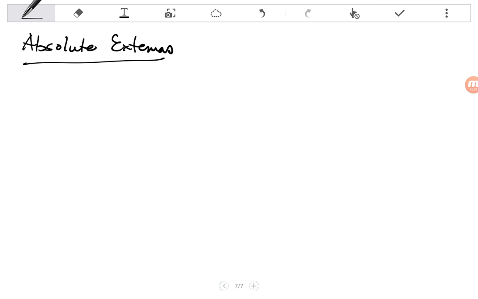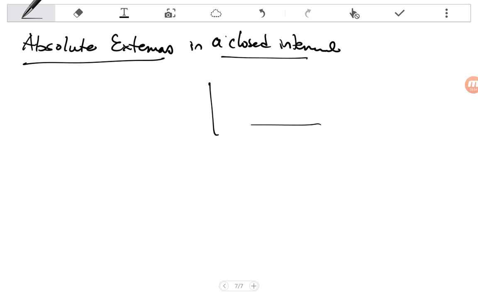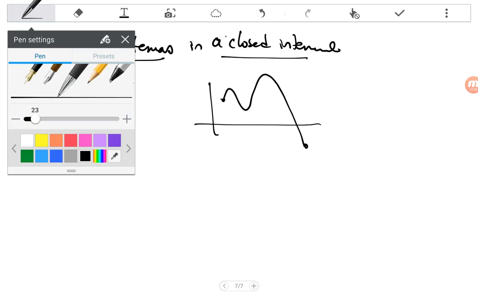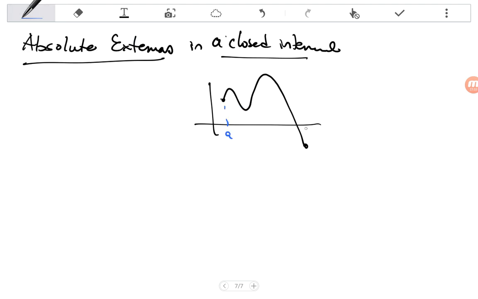So we have learned about the local extremas. What about the absolute extremas? For absolute extremas in a given interval, in a closed interval. If some interval is given to me and I need to find, for example, this function, given in an interval from a to b.